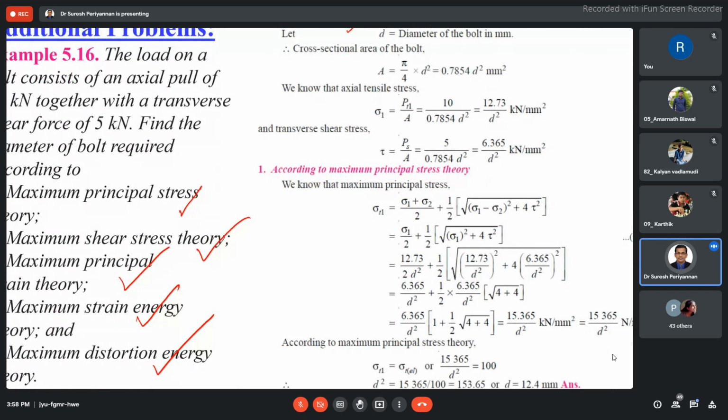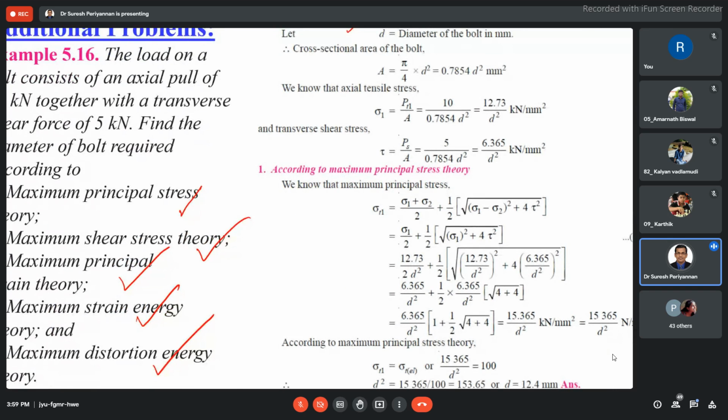Obviously we are going to work with the maximum principal stress theory. Here they have clearly given the maximum principal stress theory. Suppose if they had not given it, we would have to choose as in the earlier problem. Here they have clearly said to follow the maximum principal stress theory and the other theories, then find the diameter of the bolt.